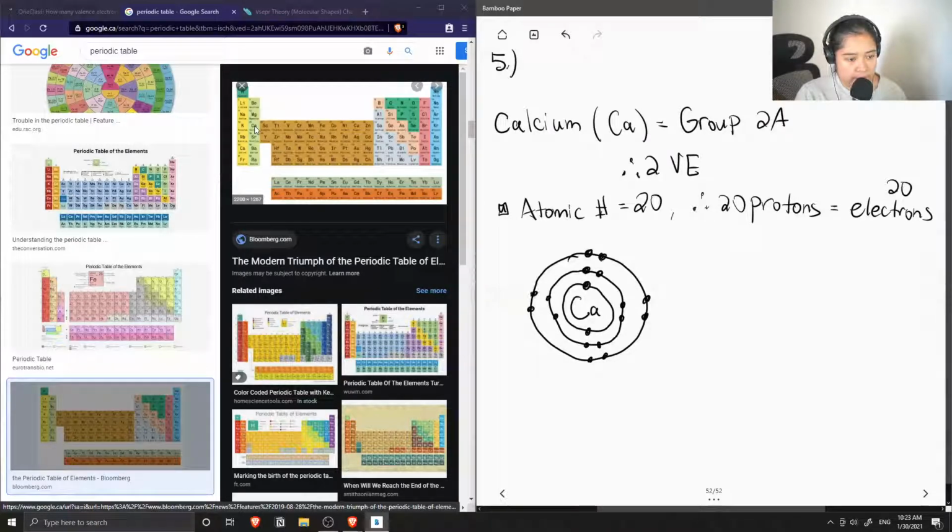So this is only 18 out of the 20. So the valence shell will have the last 2 valence electrons.